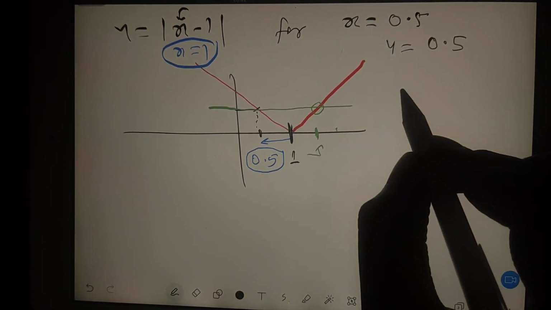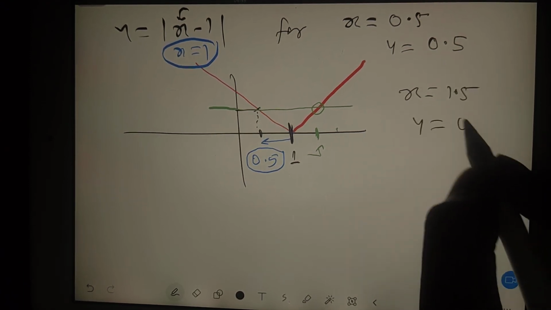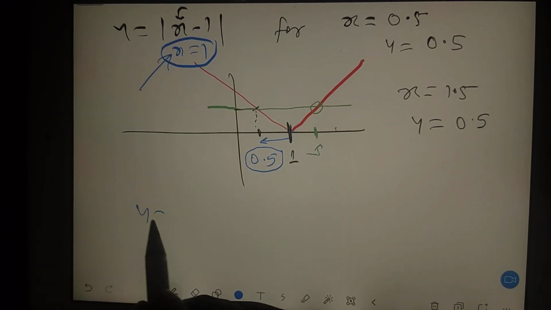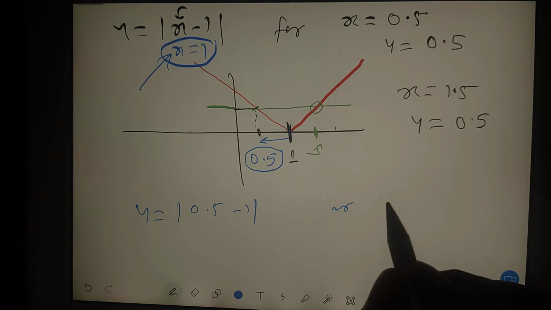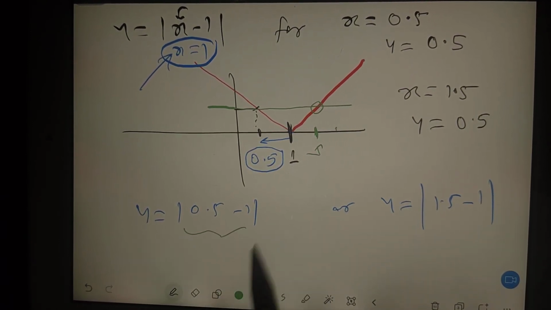If you substitute x is equal to 1.5 also, then you will also get 0.5. You just check here, put y is equal to mod of 0.5 minus 1, or you go for y is equal to 1.5 minus 1. In this case also you get y is equal to 0.5.